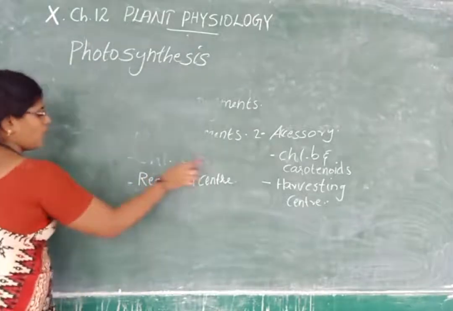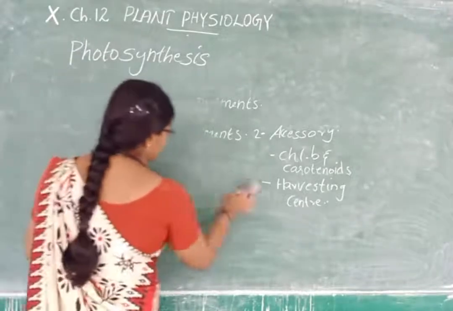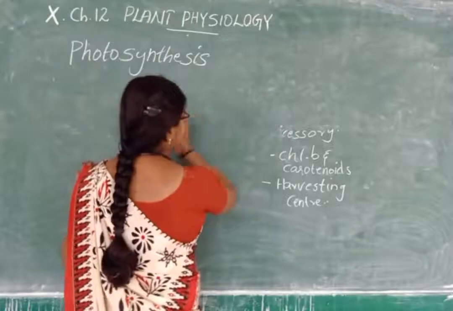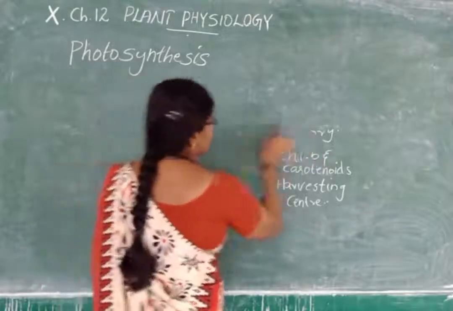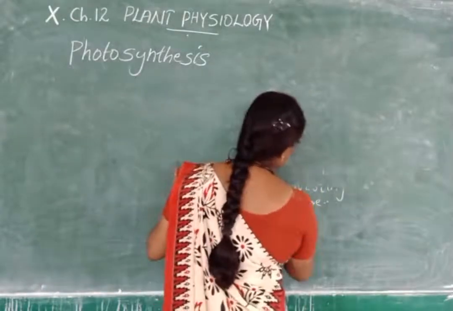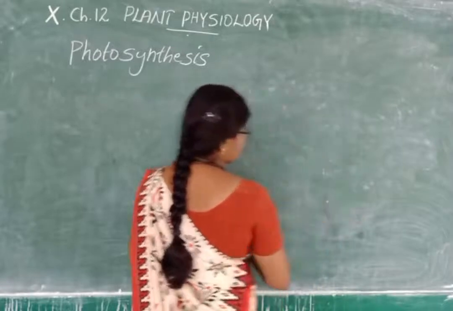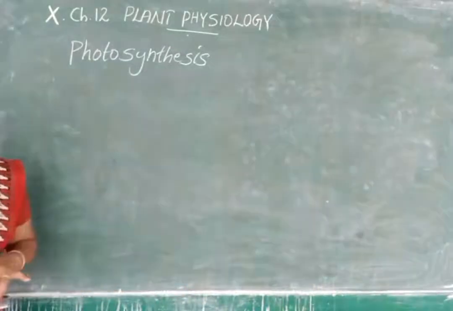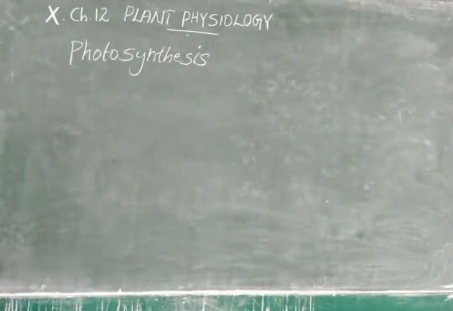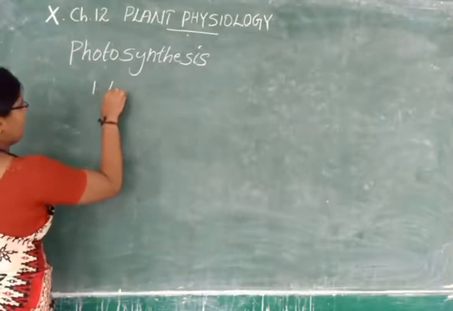Now, what is the reaction that takes place in photosynthesis? Photosynthesis takes place in two steps, that is light reaction and dark reaction.